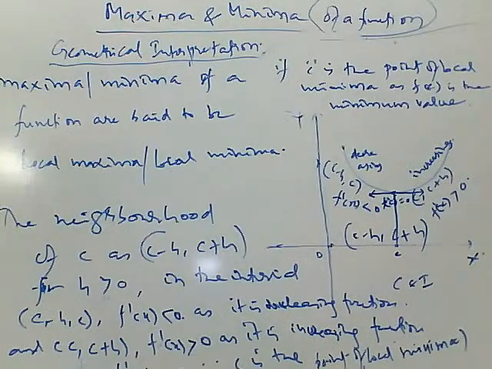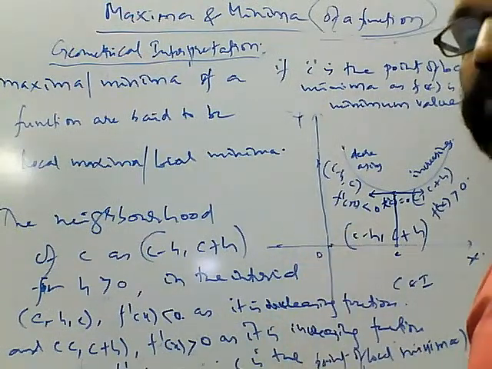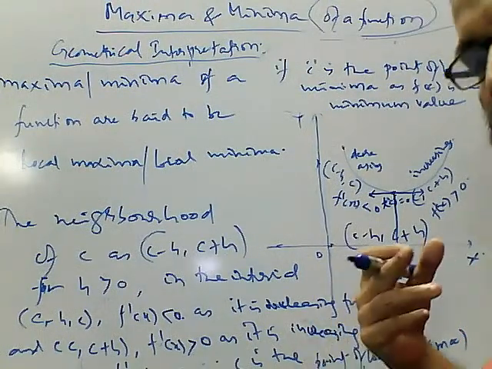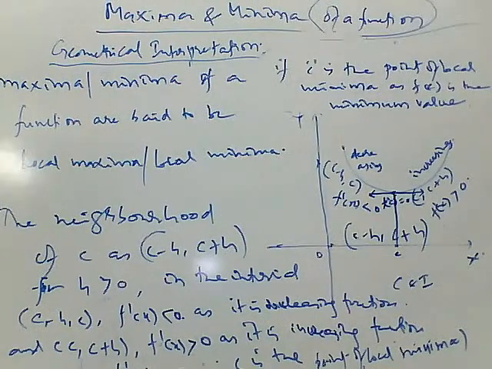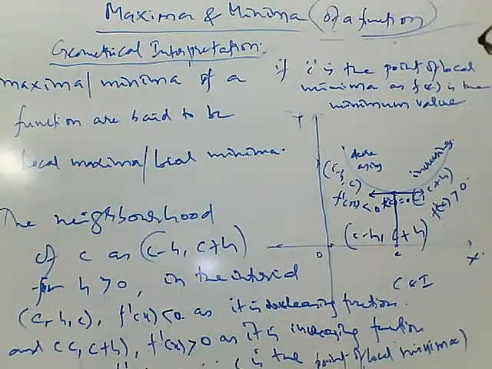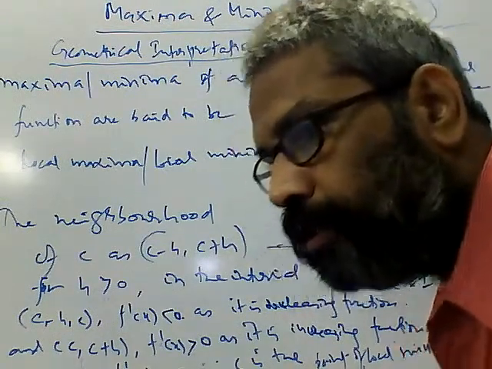The point that has maxima or minima is called the point of local maxima or local minima, and the value at that point is nothing but the local maximum value or local minimum value. Note down. If the function has either local maxima or local minima, it is said to have the extreme value at that point. Right?